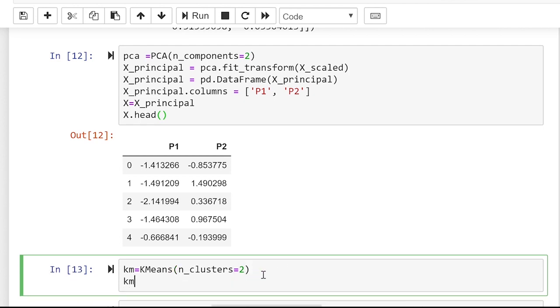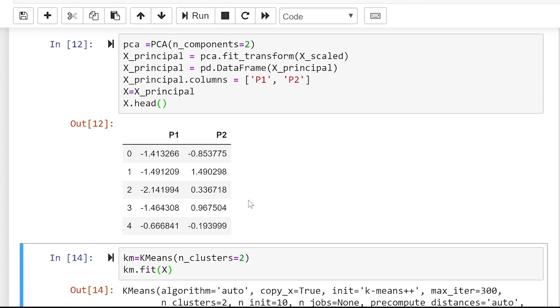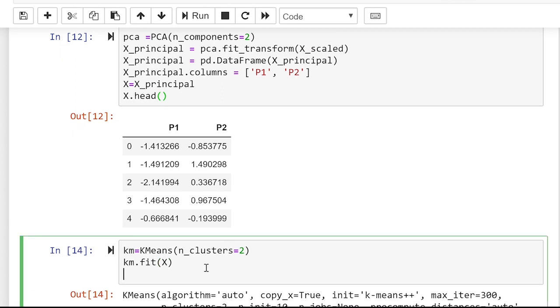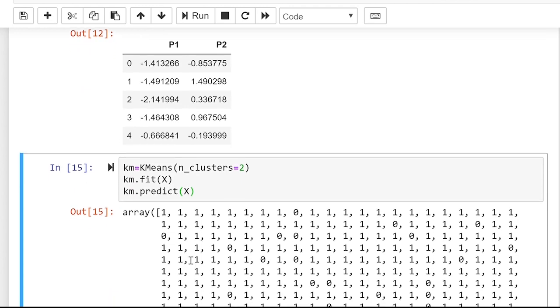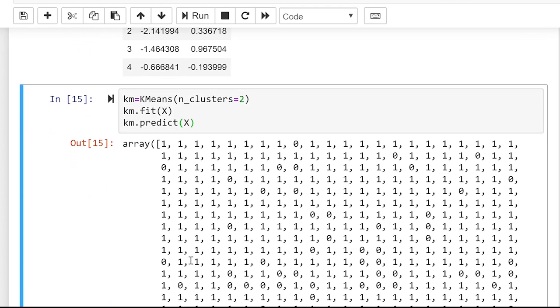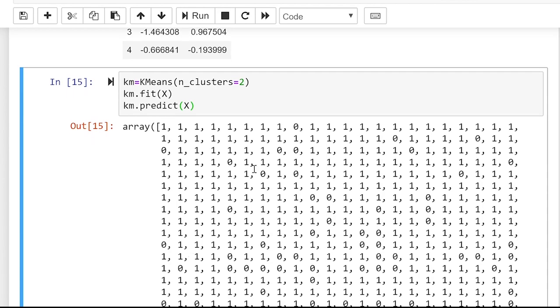I would like to fit my x value, and I would like to predict these groupings. For example, these are the songs and their groups, their clusters as 0 and 1.